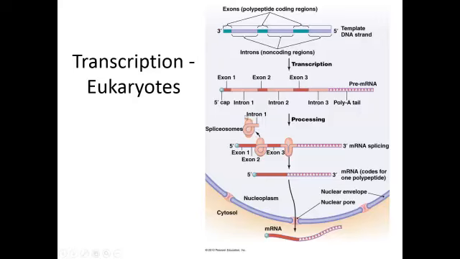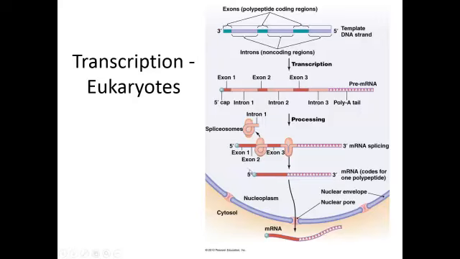So there are things called spliceosomes that are composed of RNA and proteins that come in and remove the introns and splice the exons together so that we get a mature mRNA that codes for one polypeptide.